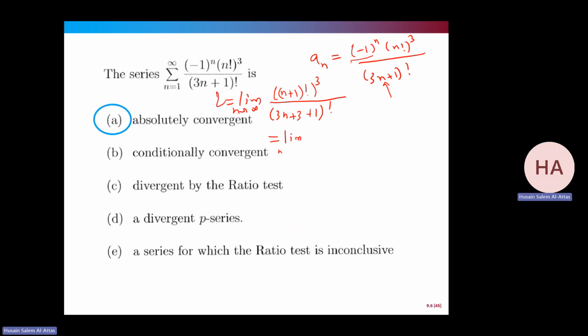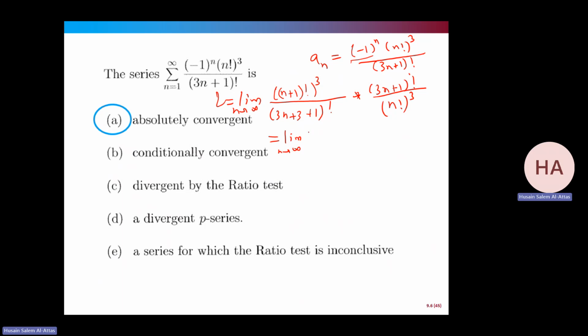That will be the limit as n goes to infinity of n plus 1 factorial, n plus 1 factorial, n plus 1 factorial, times the reciprocal of this, over n factorial cubed.